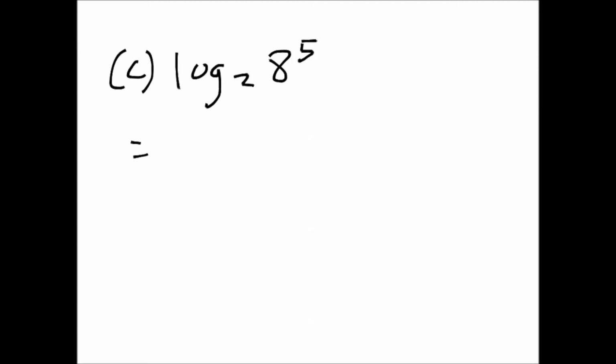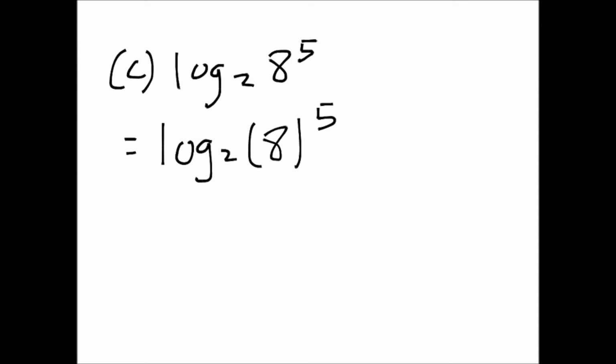Okay, so now let's look at question C. It's the same. We put the equal. So log 2, we just follow the question, and then now we see the 8. We know that 2 multiplied by itself 3 times is equal to 8.